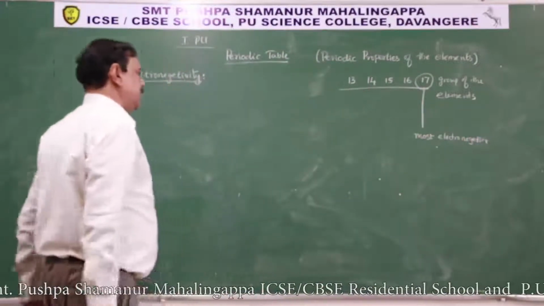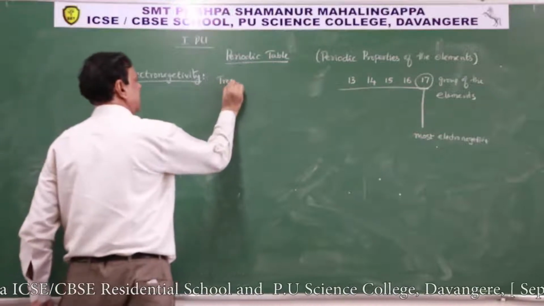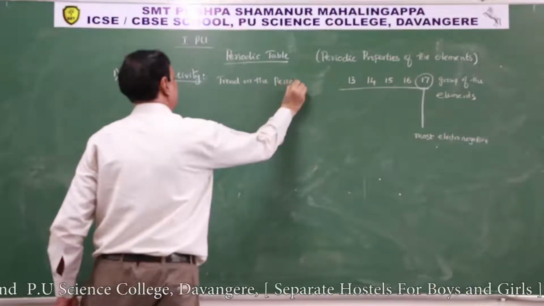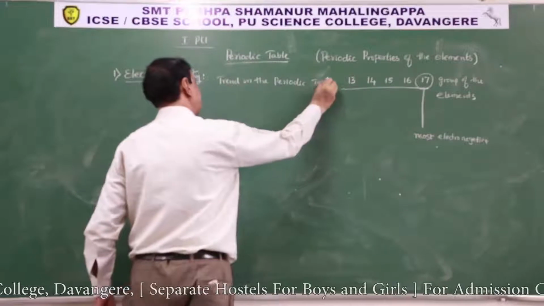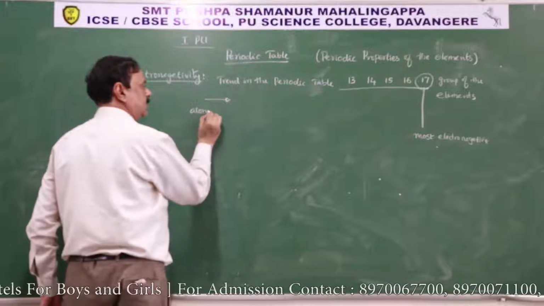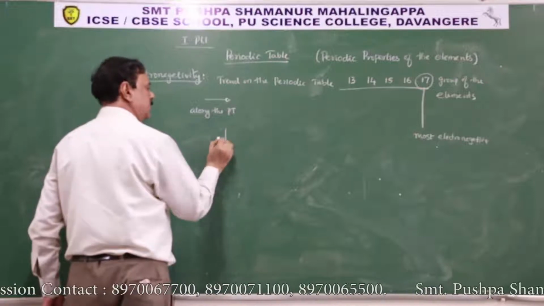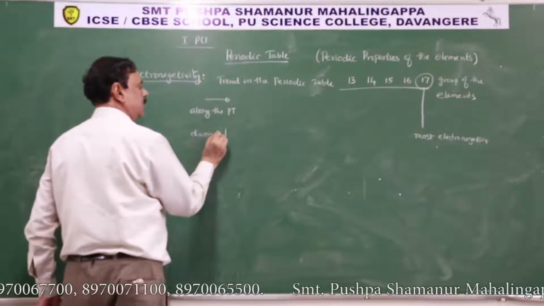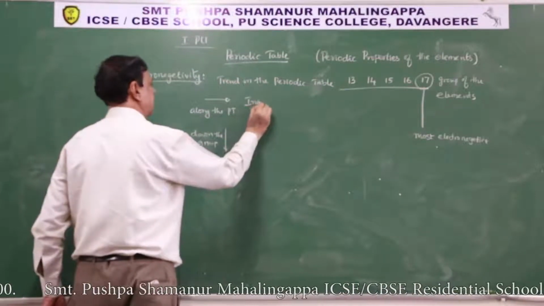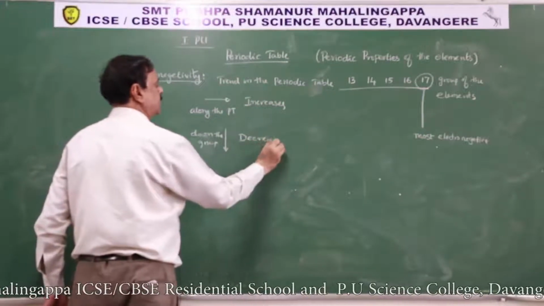Trend in the modern periodic table. In the last class we discussed that along the period, electronegativity increases, and down the group it decreases.